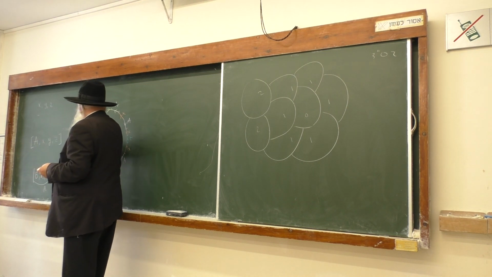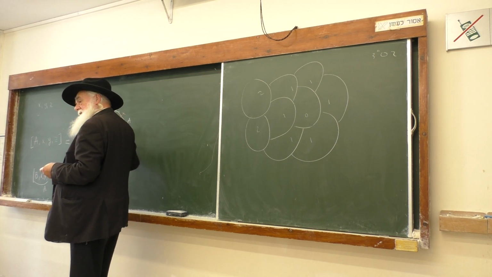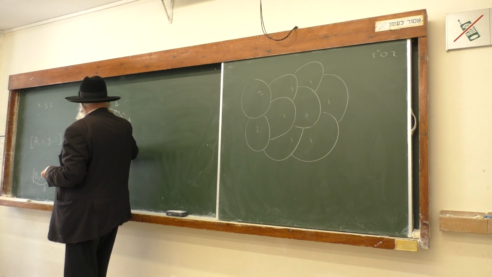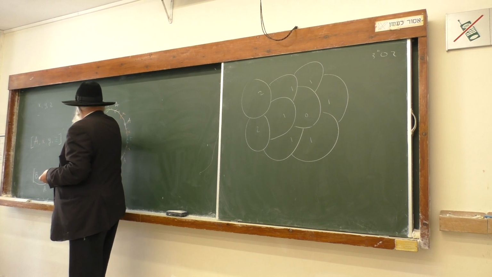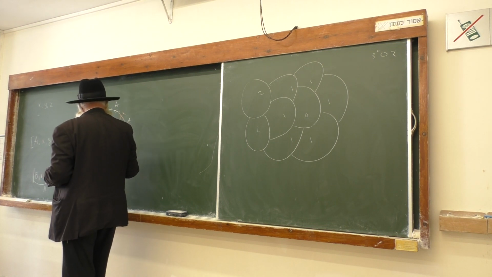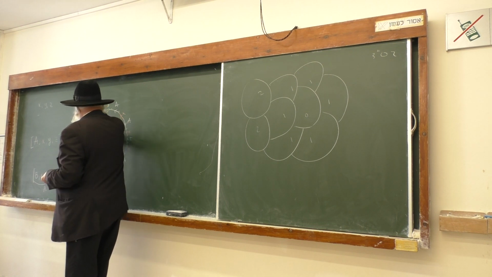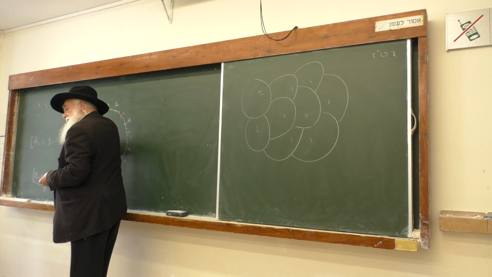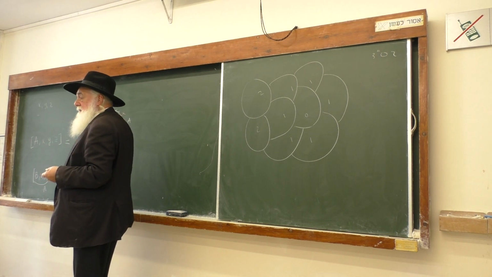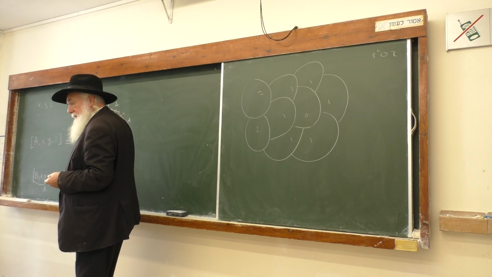Z appears here only 2 times. Y appears 4 times, and X appears 8 times.